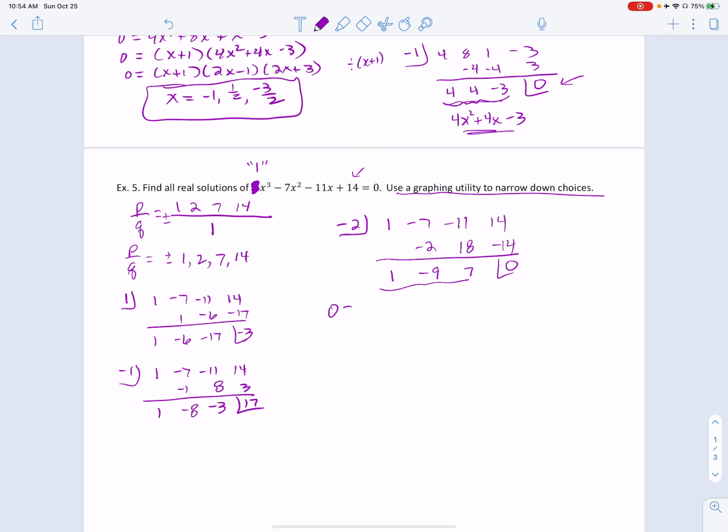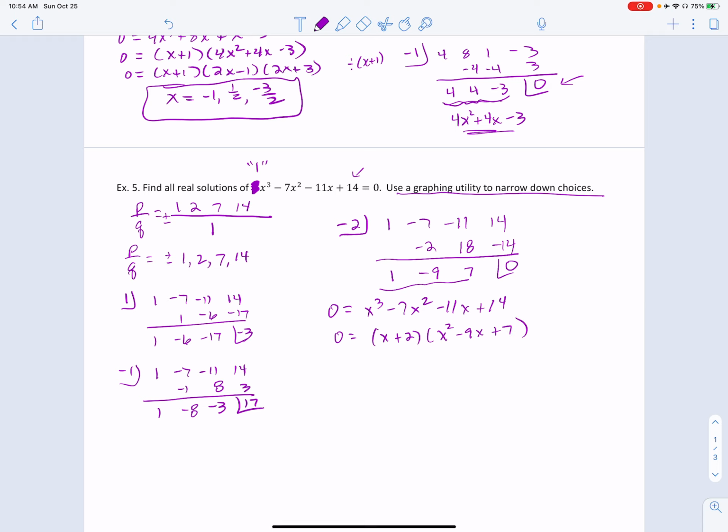So right now, I can say that this factors into x plus 2. If -2 is the root, x plus 2 is the factor. And then the 1, -9, and 7 are the coefficients of a polynomial of 1 degree less, which is a quadratic.